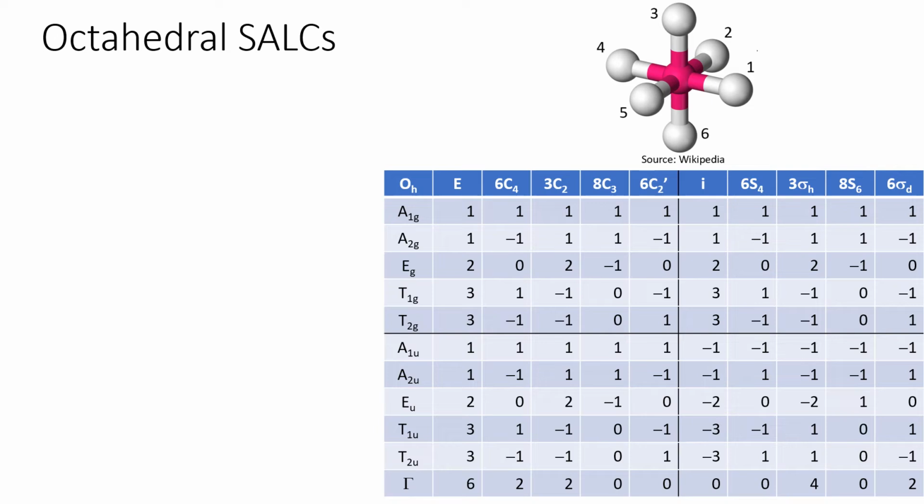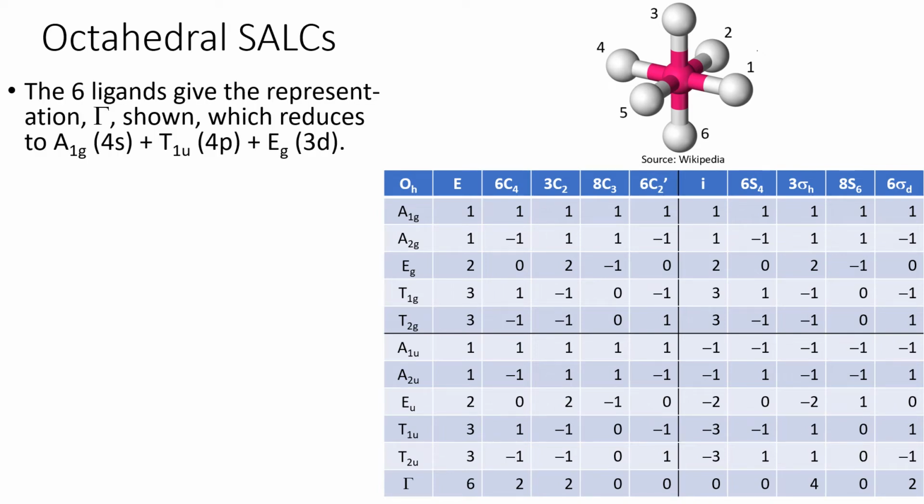Now, looking at the octahedral case, this might be slightly more difficult. We've got a bigger group now, and we've got 6 ligands this time, looking at, for example, an octahedral complex. They give the reducible representation shown right at the bottom of the table.